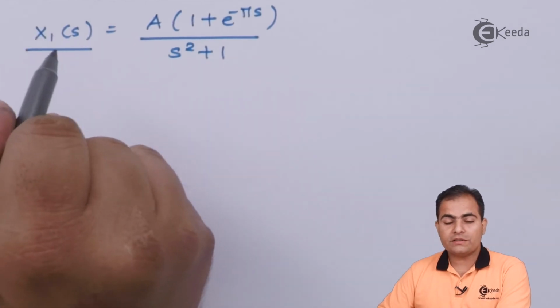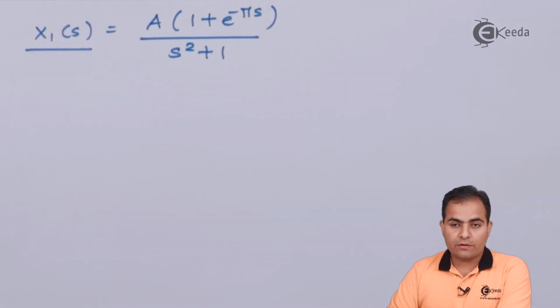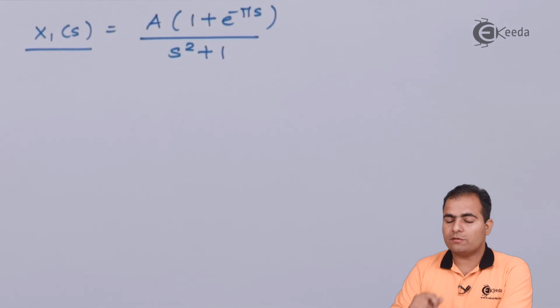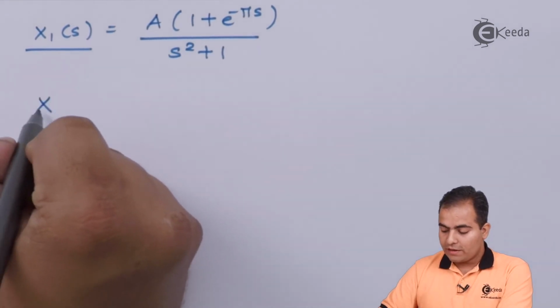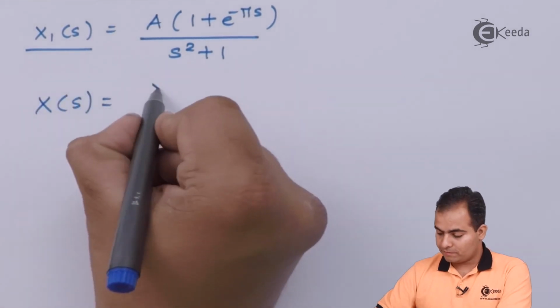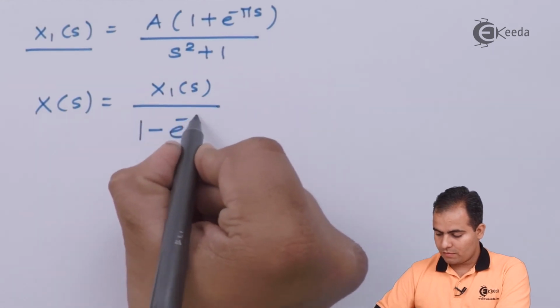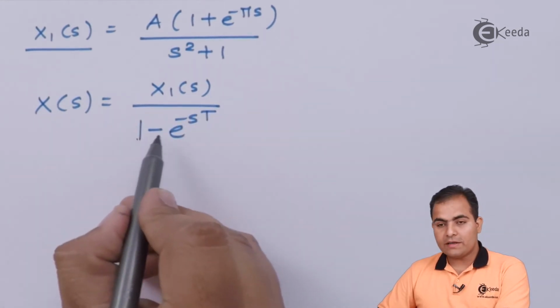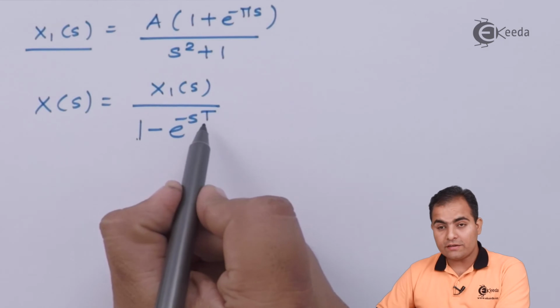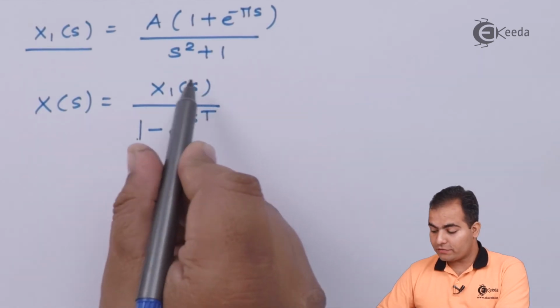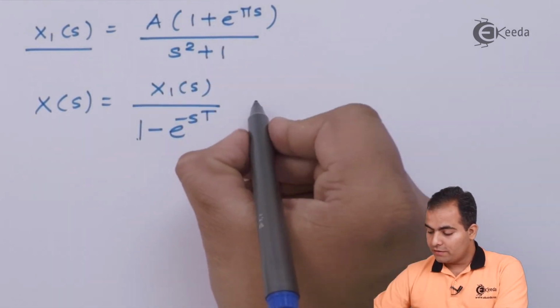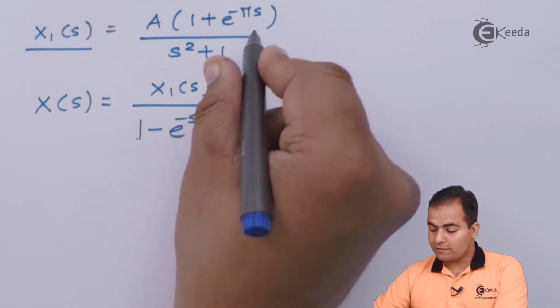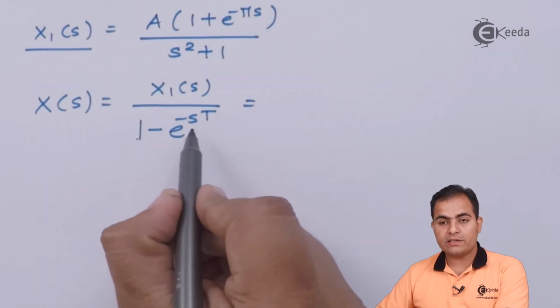Now we have to substitute this x1 of s in our x of s formula, that is the statement of Laplace transform of a periodic signal. And what was that? X of s is nothing but x1 of s upon 1 minus e to the power minus sT, where this T was my 2 pi, and x1 of s value I have already calculated. So I'm just replacing x1 of s by this value, and T is replaced by 2 pi.